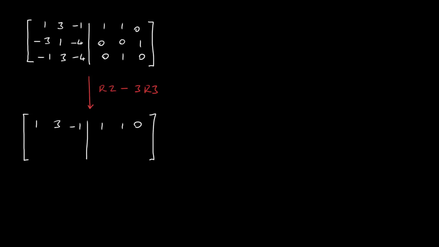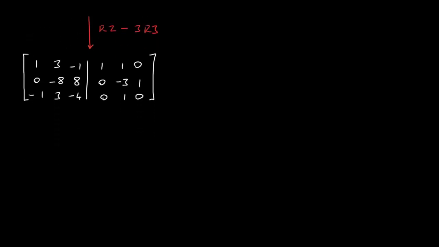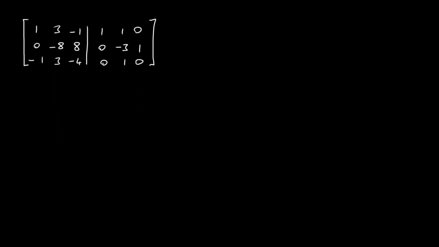Row 2 will become 0 -8 8, 0 -3 1, and row 3 will remain the same, so that will be -1 3 -4 0 1 0. Okay, so let's go again.